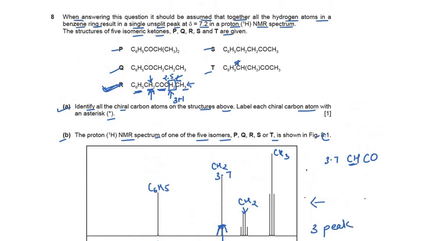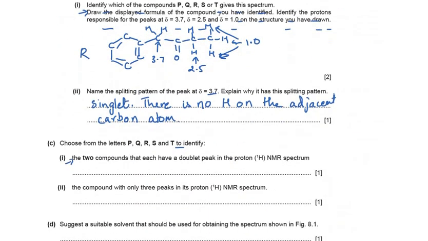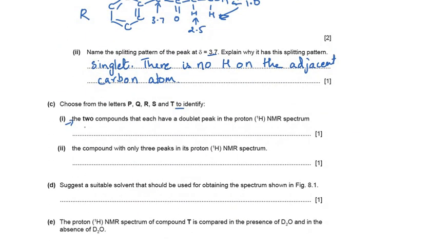Here is one proton in P which will have a doublet splitting because there is a single proton on the adjacent carbon. Again, if you have a look at the remaining structures, I see that there is one proton here which will have a doublet splitting because on the adjacent carbon there is one proton. So P and T are the 2 compounds which are going to produce our doublets. So let's write the answer here that the structures are P and T.